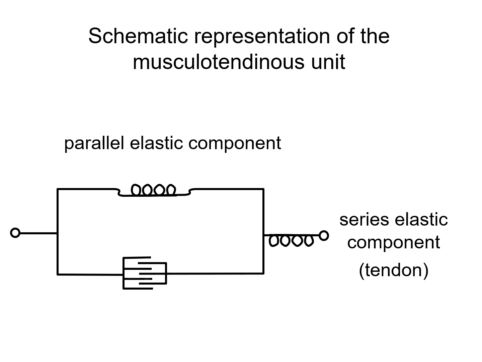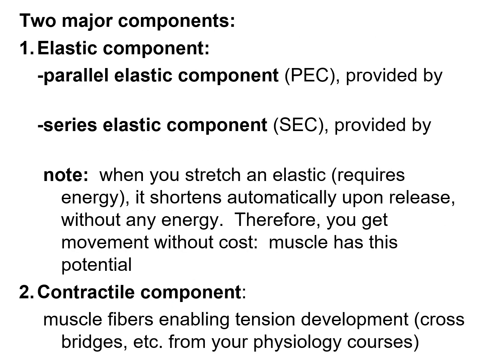And right here we can see, if I'm reading this correctly, our sarcomere, where we're looking at our myosin and actin filaments developing tension. That's our contractile element. So let's look at this a little bit differently. We have two major components of our musculotendinous unit.